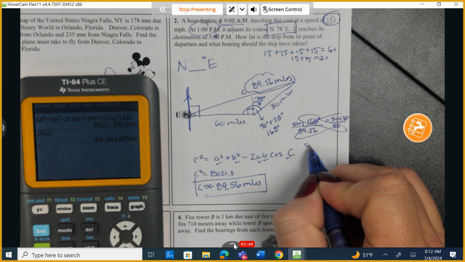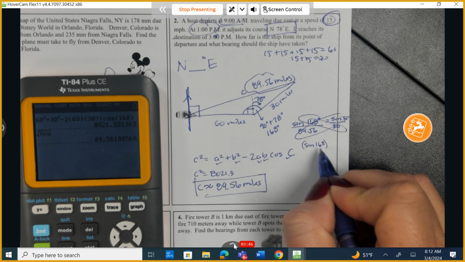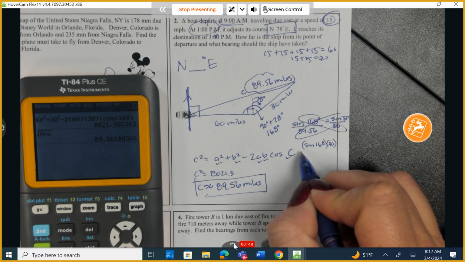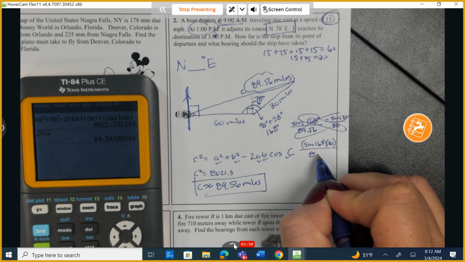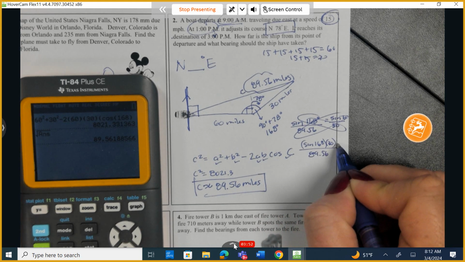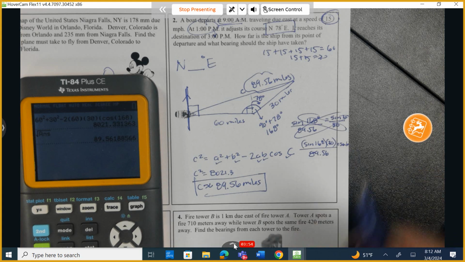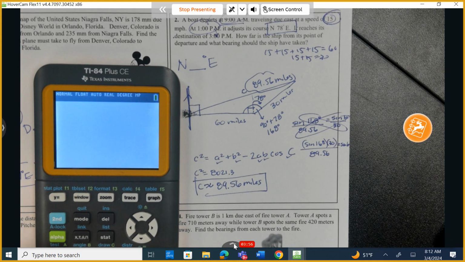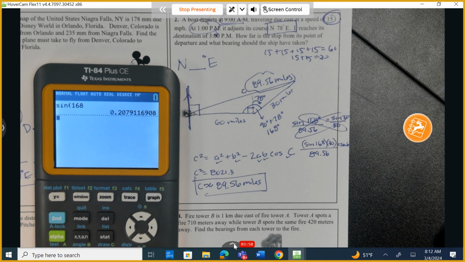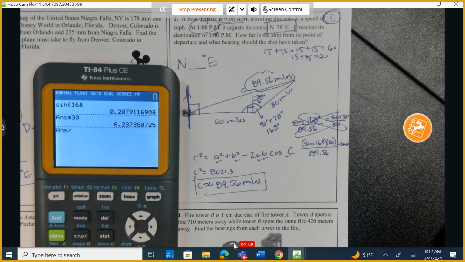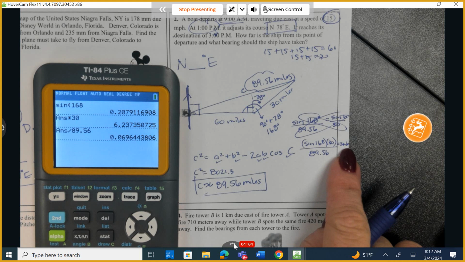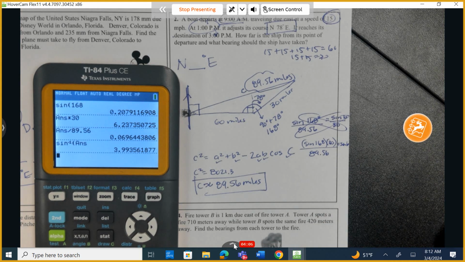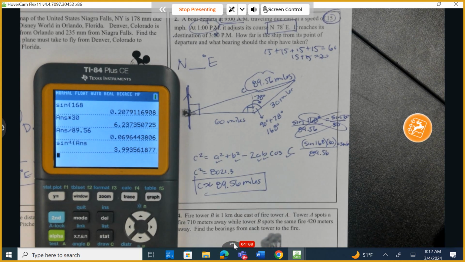So I have the sine of 168 times 30, and I'm going to divide that by 89.56, and set that equal to the sine of B. Here we go. Sine of 168 times 30 divided by 89.56. Now to figure out this angle, I need to do the inverse sine. How many of you got a really small angle of 3.99?